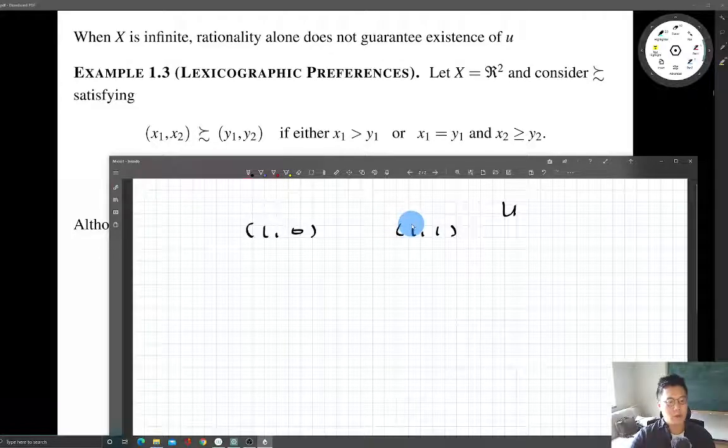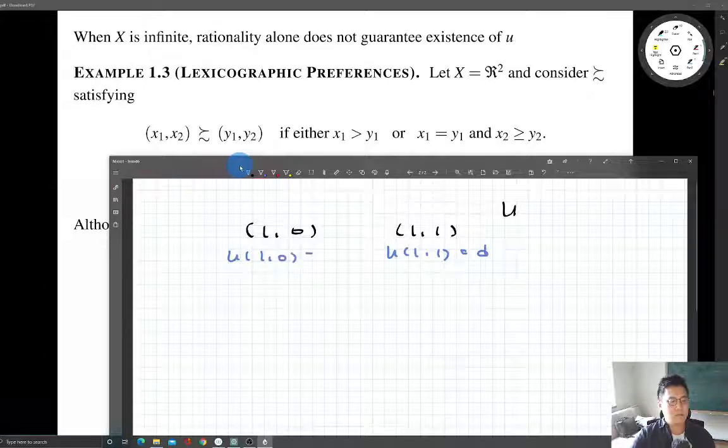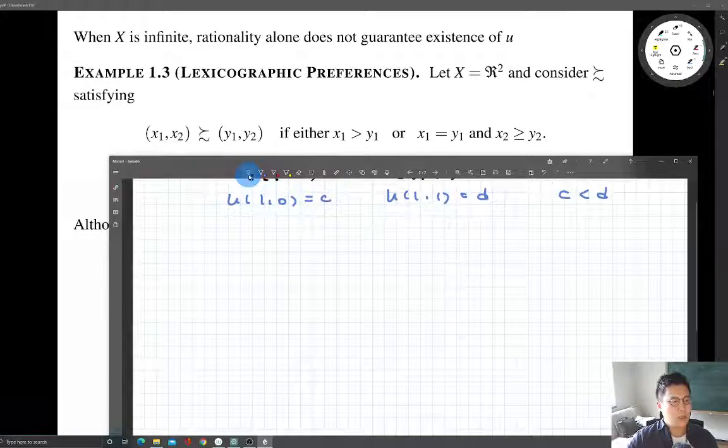Then u of (1,1) is number d, and u of (1,0) is number c. Then c should be lower than d, right? And then we need a reference point, so (0,0) and (0,1).